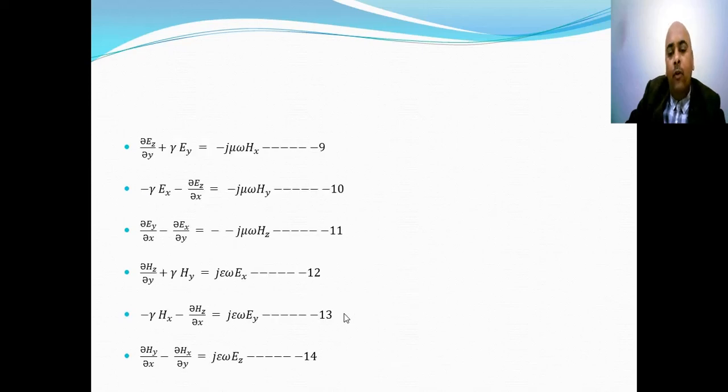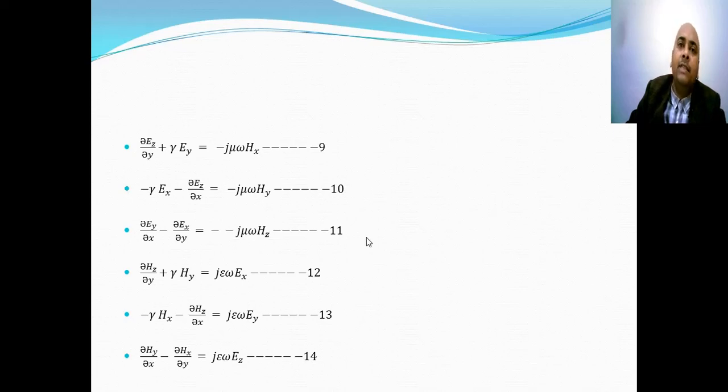Now we have obtained equations 9 to 14. Ultimately our aim is to find Ex, Ey, Ez, similarly Hx, Hy, Hz with respect to distance z, that is the propagating distance. So in order to derive Ex, Ey, Ez, Hx, Hy, Hz, first of all we are finding Ex, Ey as well as Hx, Hy in terms of Ez and Hz components.